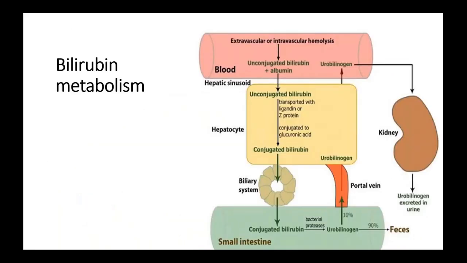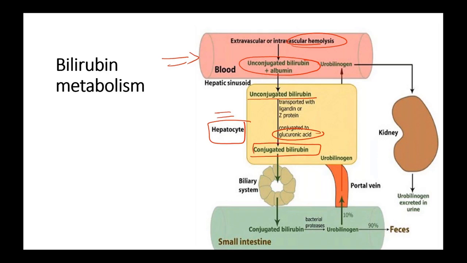This is again the same thing, but just summarized in the diagram. So in the blood vessel, hemolysis, unconjugated bilirubin combined with albumin goes to the hepatocyte. This is the hepatocyte. In the hepatocyte, conjugation occurs with glucuronic acid, UDP glucuronyl transferase enzyme, converted into conjugated bilirubin, goes to the biliary system, enters the small intestine here.